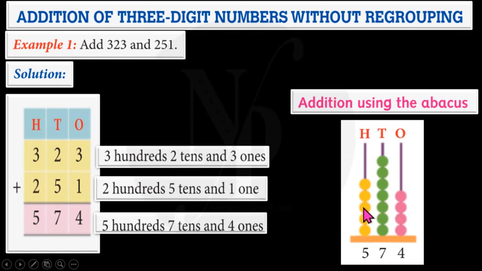So now the number represented by this abacus is 574, which is the same as when we added these two numbers directly using the numbers. So using the abacus also we get the same answer. Obviously we should get. So adding 323 and 251 using the abacus we get the sum 574. This is how we can use an abacus to add two numbers.